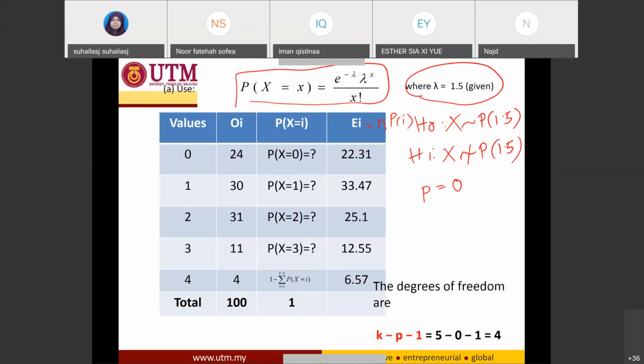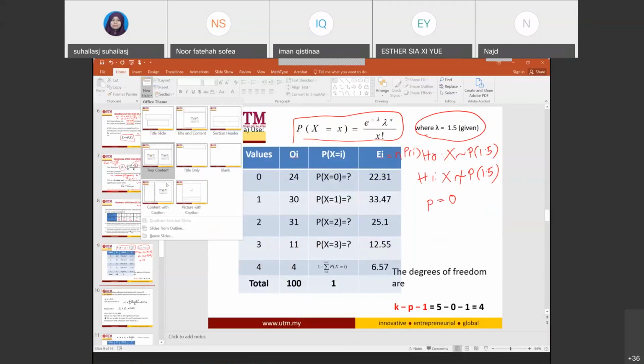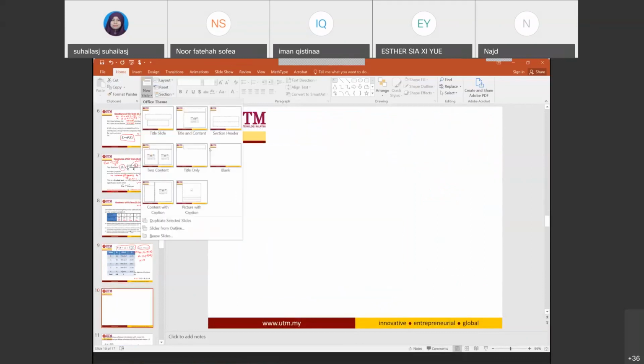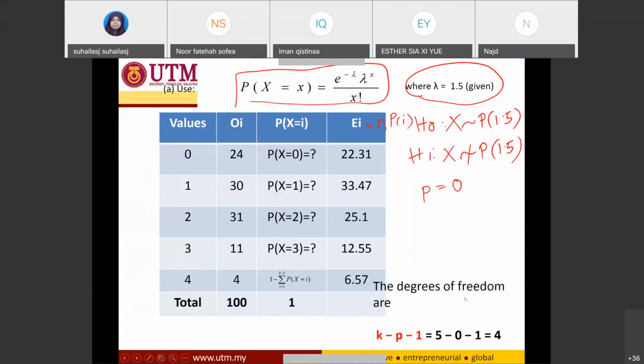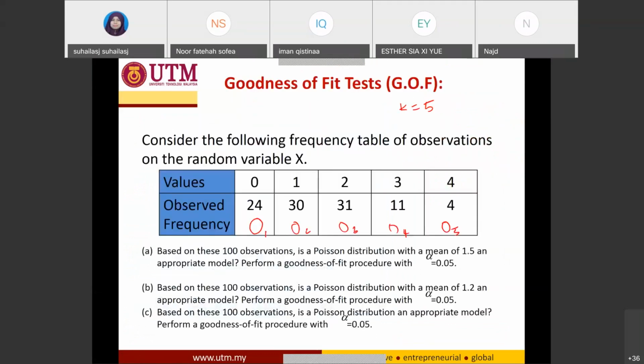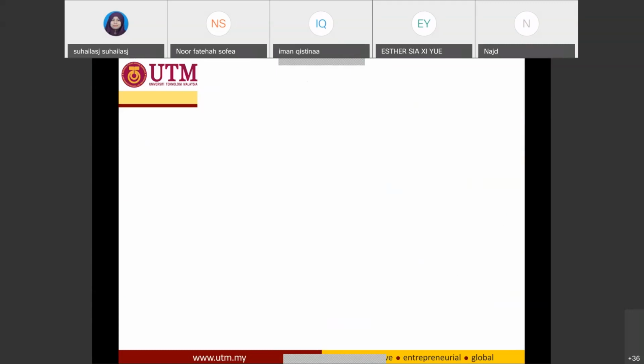So now we check how to find the probability of a Poisson distribution. Go back to the basics of finding probability. You need to find probability X equals 0, X equals 1, 2, 3, and the last one, X equals 4, and the total probability should equal 1. We already know X is Poisson 1.5.